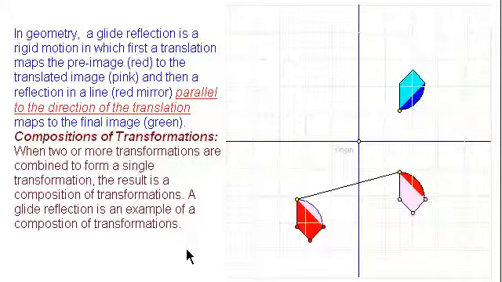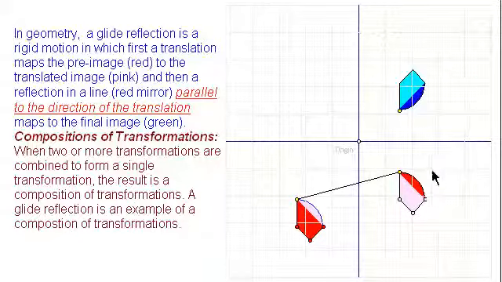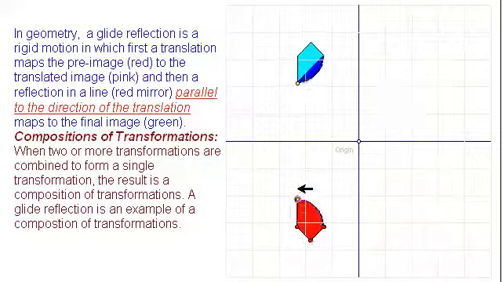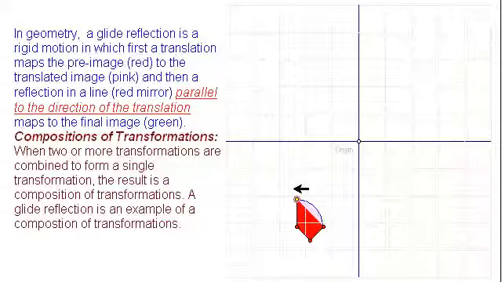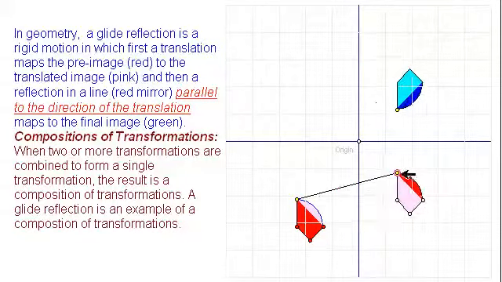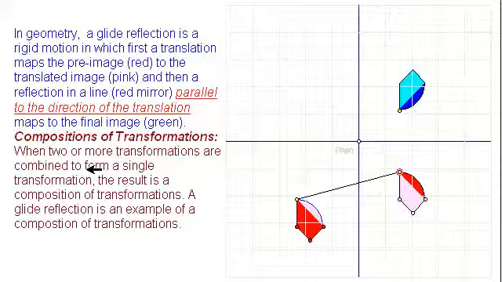Though a glide reflection is an example of composition of transformation, what does it mean? All compositions are not going to be glide reflections, but all glide reflections are composition transformations. So this is what we can see. First we did some translation, so it is a composition of two combined transformations.